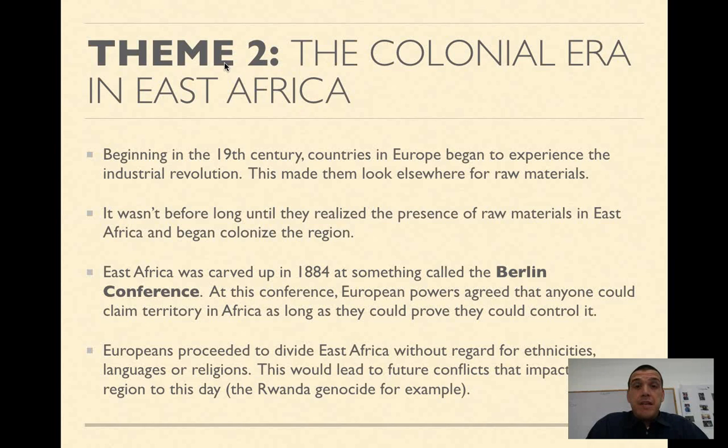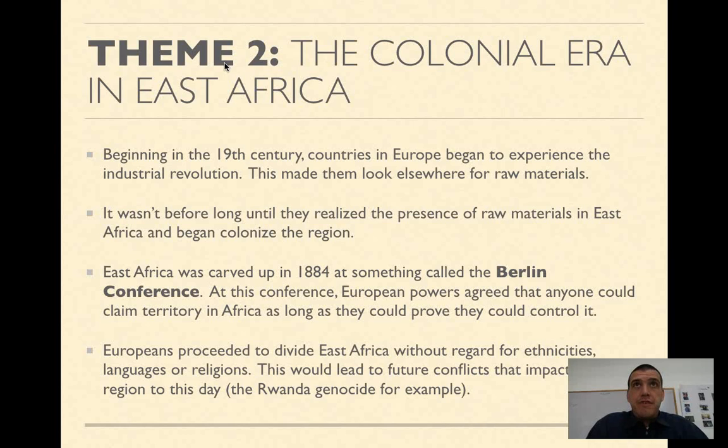That basically is because of the Industrial Revolution that started happening in Europe at this time, in the early 1800s. Because these European countries are experiencing the Industrial Revolution, they need raw materials to fuel their factories. What do you do when all the raw materials run out in your own country, such as Great Britain? Well, you start to look elsewhere. And that's exactly what these European countries did.